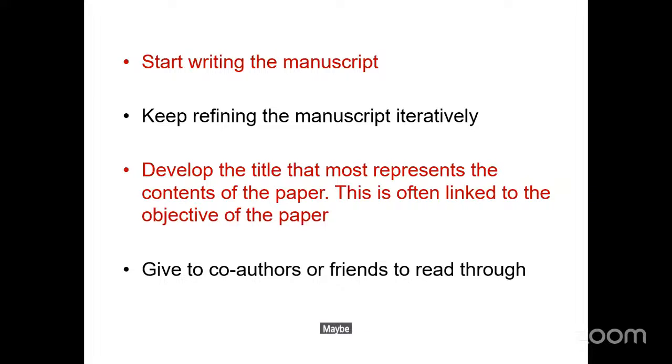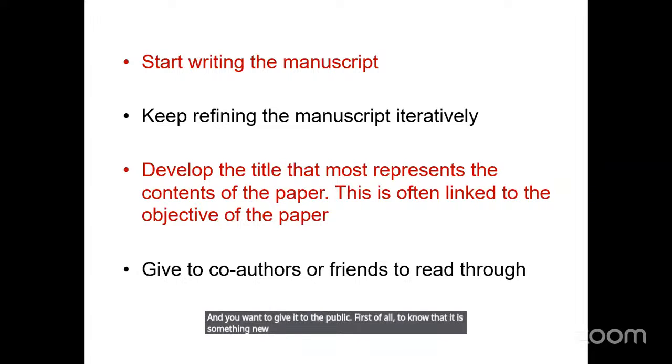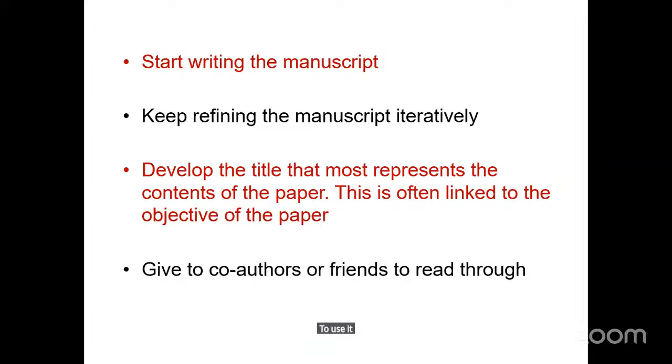Maybe you had a protocol which was not working well, but now you have fixed it and you want to give it to the public, first of all, to know that there's something new, and then secondly, to use it. So that would be called a short communication, depending on the amount of data you have behind it. If you have substantial data, it can go for a full paper.